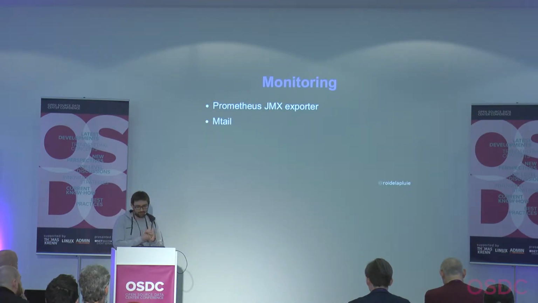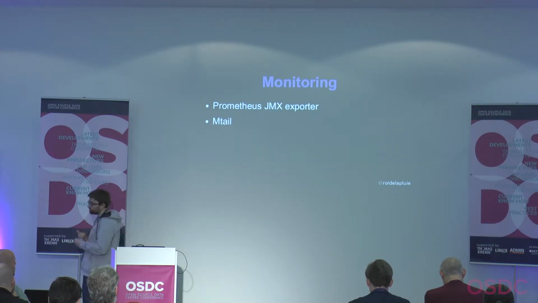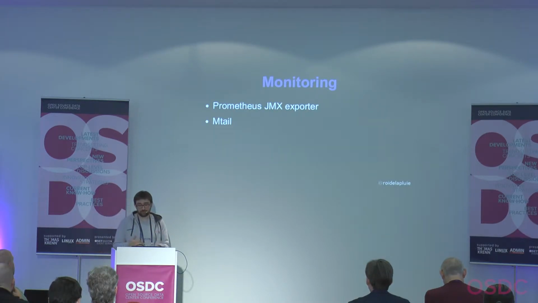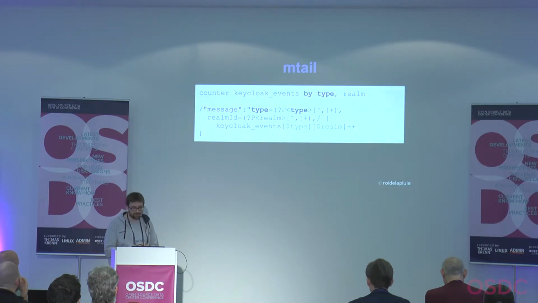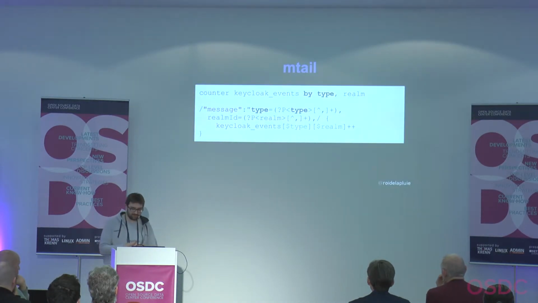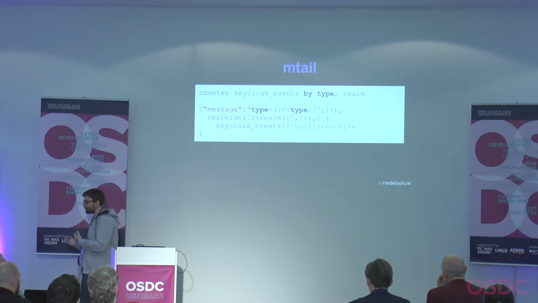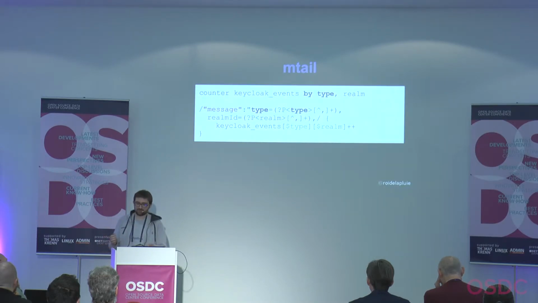Monitoring Keycloak. What we are interested in when we monitor Keycloak is first the JVM, which has not been a problem for now, like the garbage collection, everything. All the problems you can have with a JVM, you can have with Keycloak. And mtail is what we use to look at the logs. So I have an mtail configuration. I only have 10 minutes left, so I will not be able to show you a lot. But basically, we take the logs that we write, and with mtail, we can tail that log and make metrics out of that.